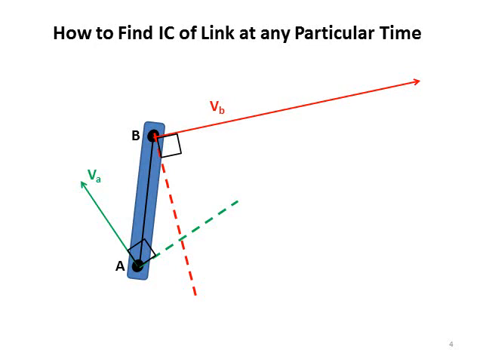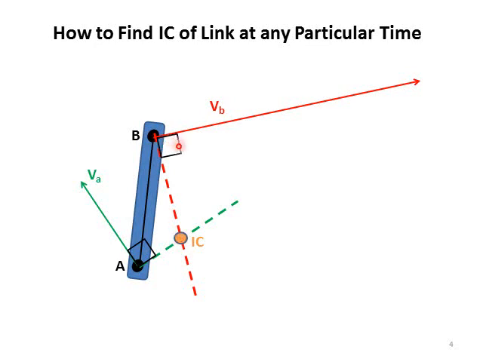Both these perpendiculars will intersect at a point, this IC. So this IC is the instantaneous center. By drawing a perpendicular to both the velocity vectors, we get an intersection of these perpendiculars, and when they intersect, they form IC.